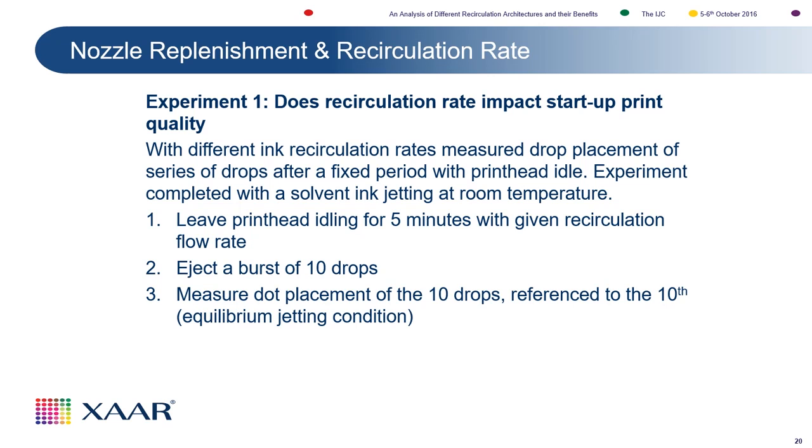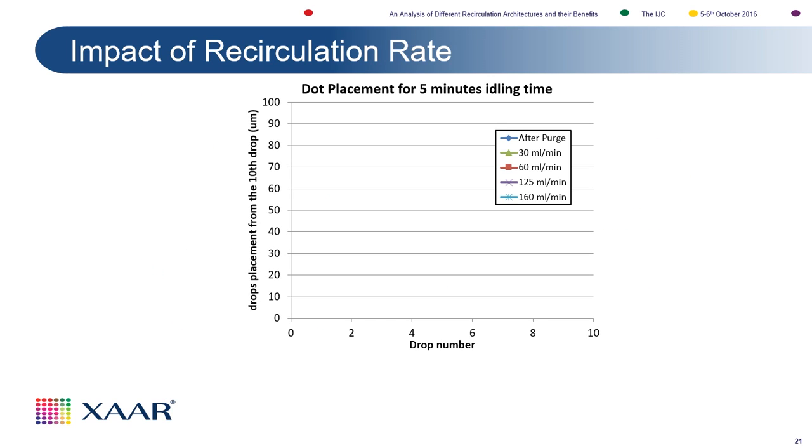So it's a fairly simple graph. We referenced the drop placement to the last drop. So you can see this is after a purge, so all the drops are nicely aligned. If you had a low recirculation rate, the first drop is missing, and the second one is misplaced, but the fourth one is pretty much as you would expect.